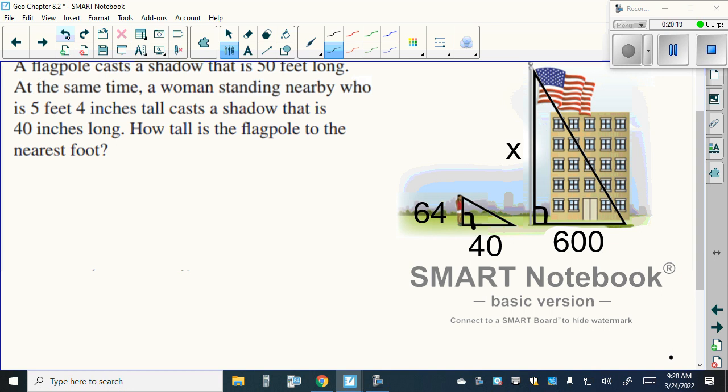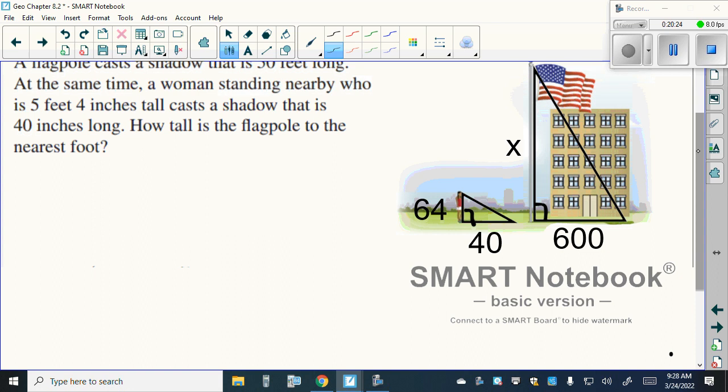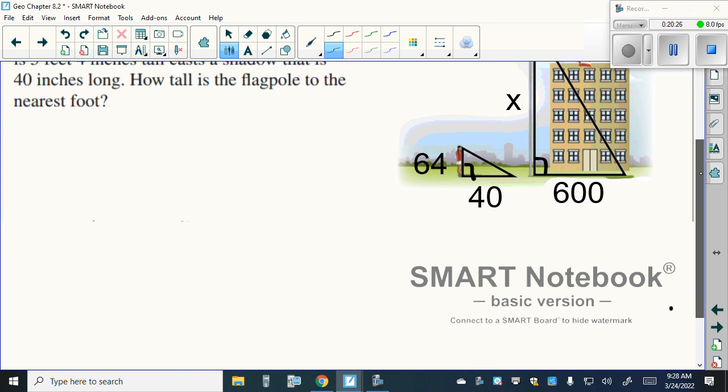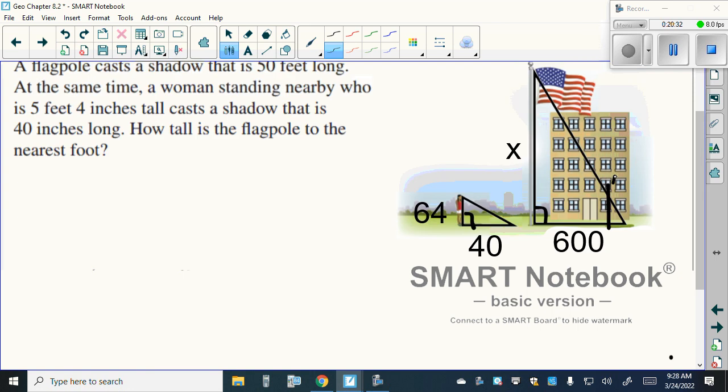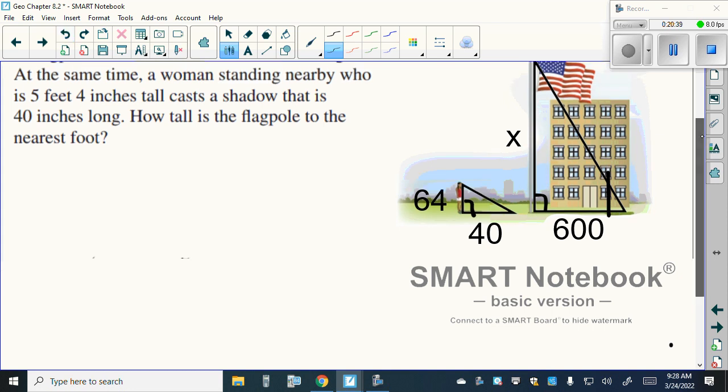So that's not a nice decimal to work with. So if we convert everything over to inches, she is 64 inches tall. Her shadow is 40 inches. The shadow of the flagpole is 600 inches.